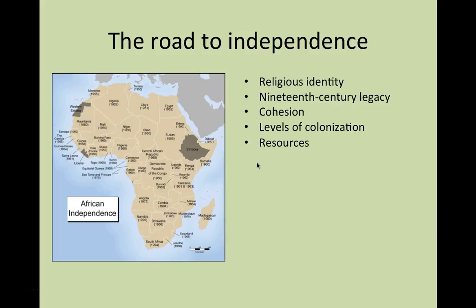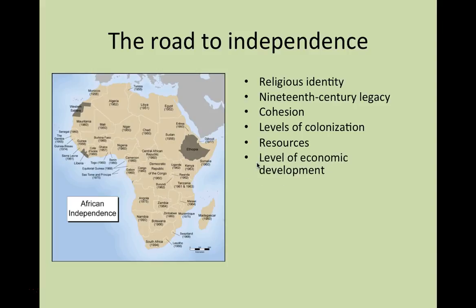In some cases, there actually was a fairly peaceful transfer of power, but the resources remained a factor after that. In fact, as you give your presentations, it's important for you to think about the question of resources and how resources have played a role in the post-colonial situation in these independent African nations.